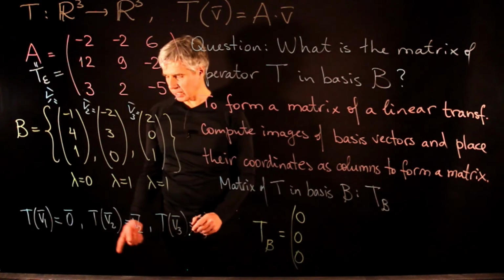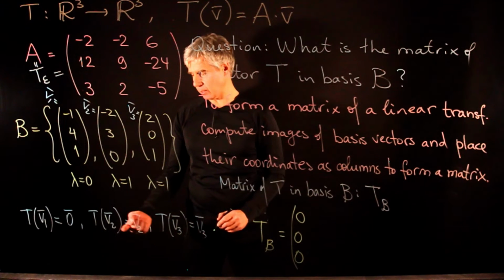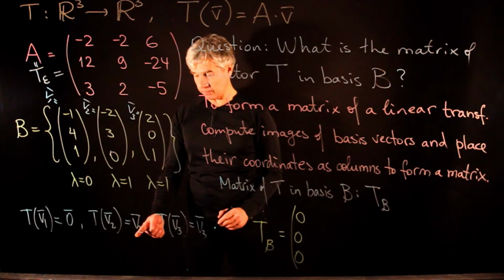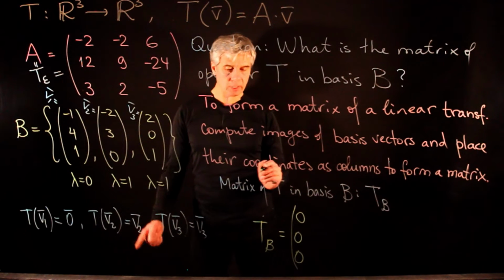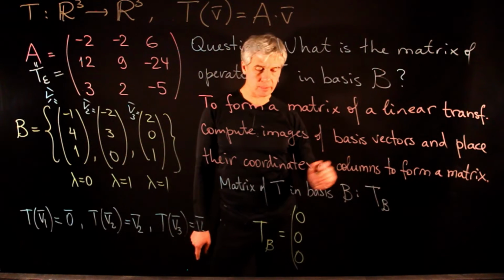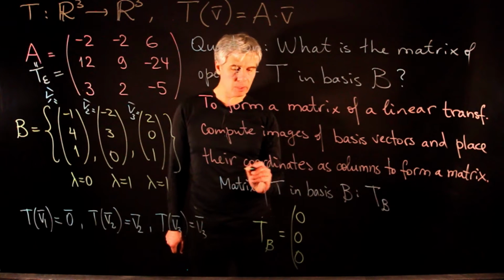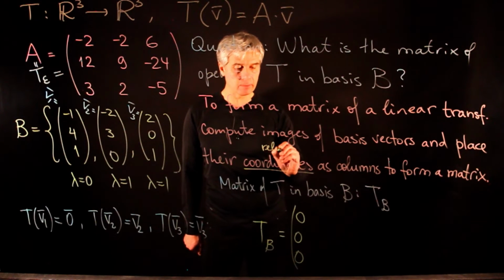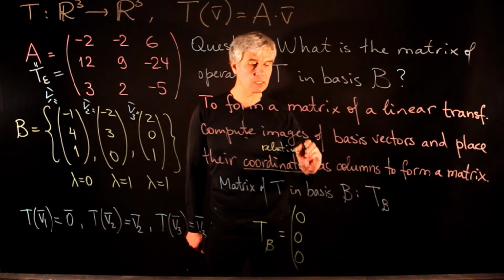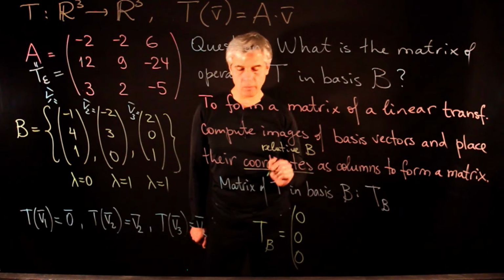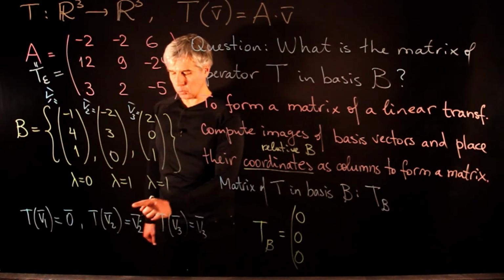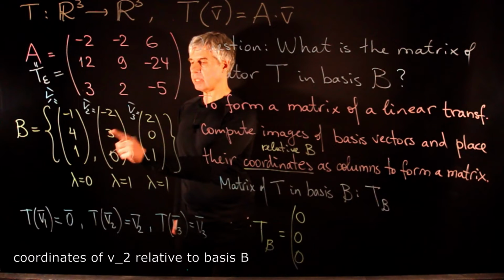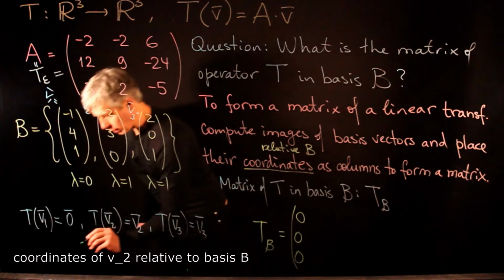Now, what should we put as the image of the second basis vector? The image of the second basis vector is itself. Now, we need to put its coordinates as columns. But when we talk about these coordinates, these coordinates will also be relative to the basis we are working with. So this means that we need to put coordinates of V2 relative to the basis B. But what is V2?